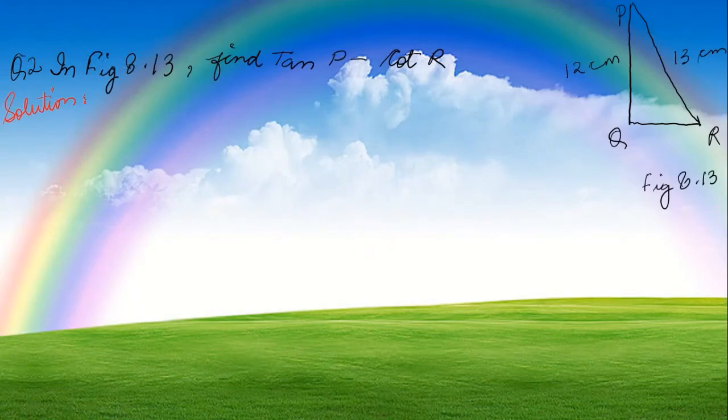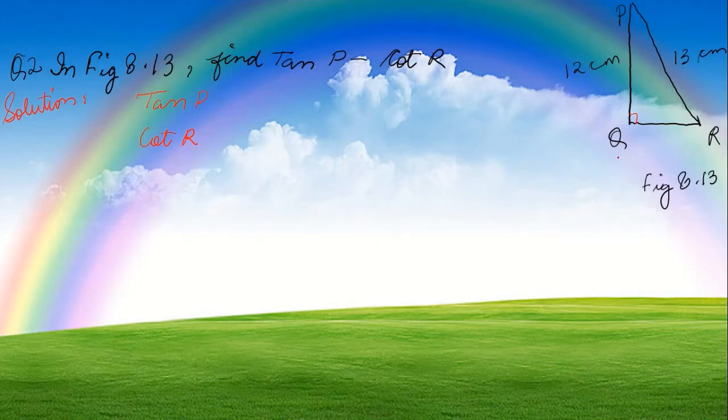Now after this, the second question is in figure 8.13, find tan P minus cot R. So first of all you should know tan P and cot R. Now this is a right angle triangle, perpendicular is 12 centimeter and hypotenuse is 13 centimeter.